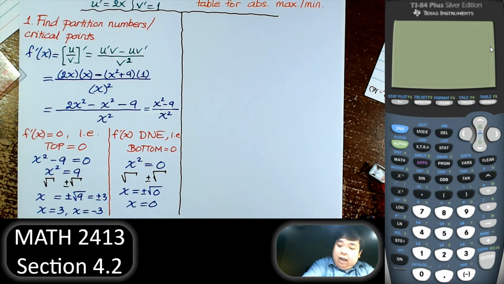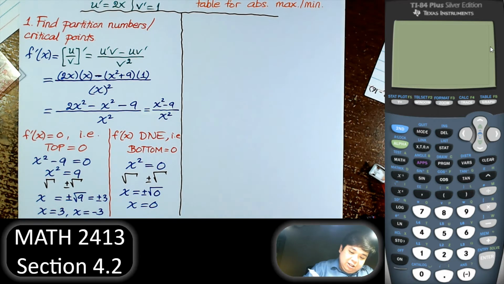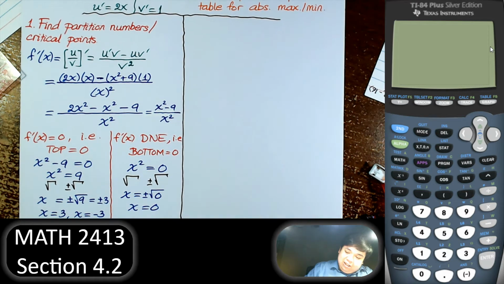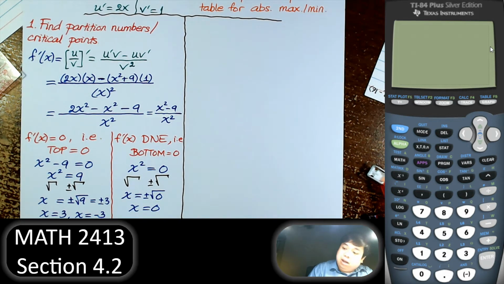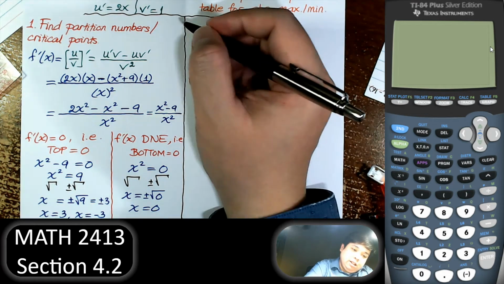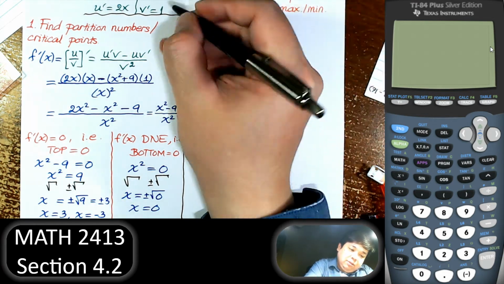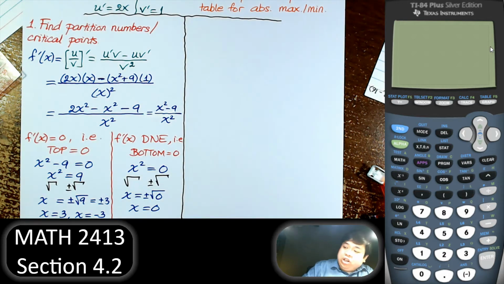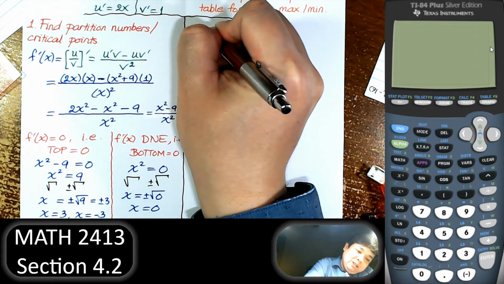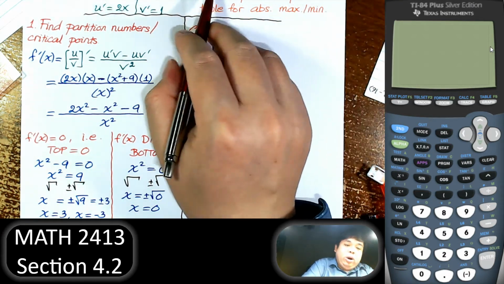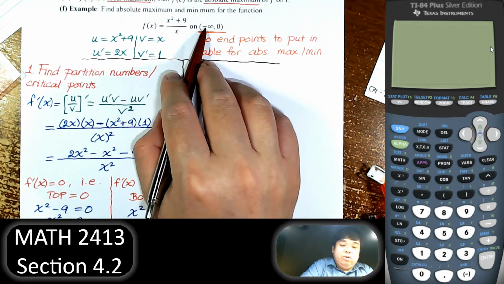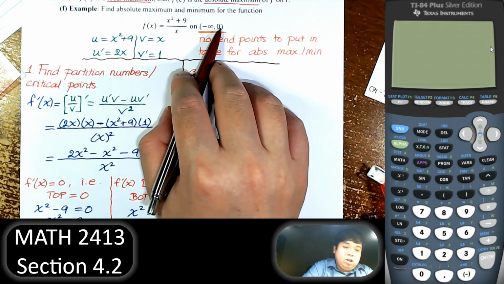Right. And then we'll check, because potentially it might be a maximum or a minimum, right? So what do we check here? By the way, this problem we are given the interval negative infinity to 0.